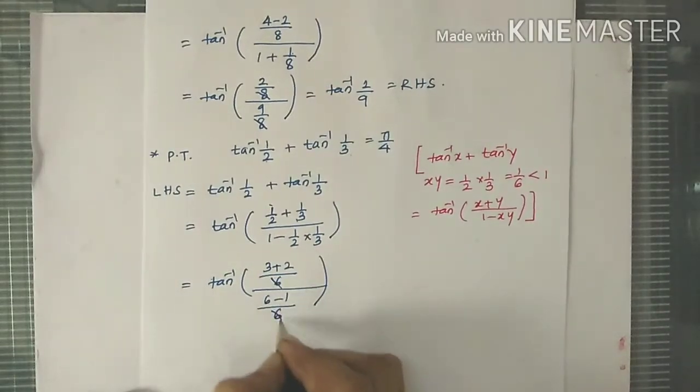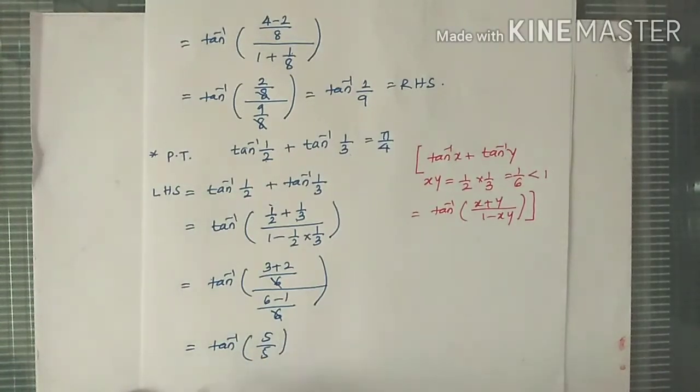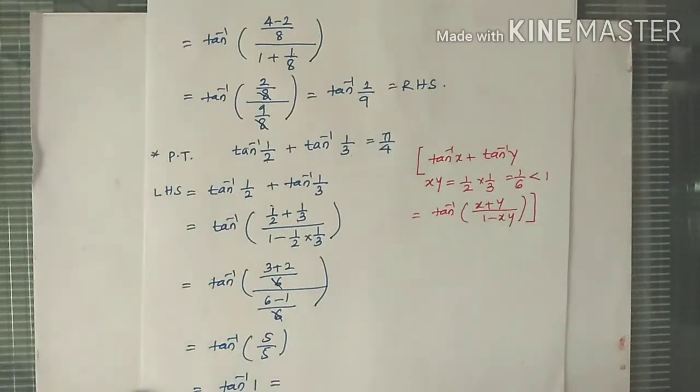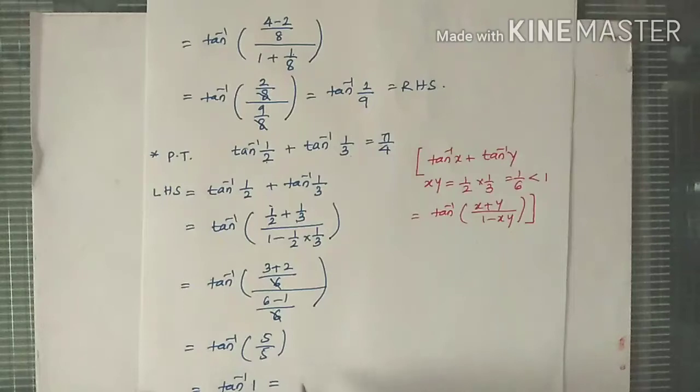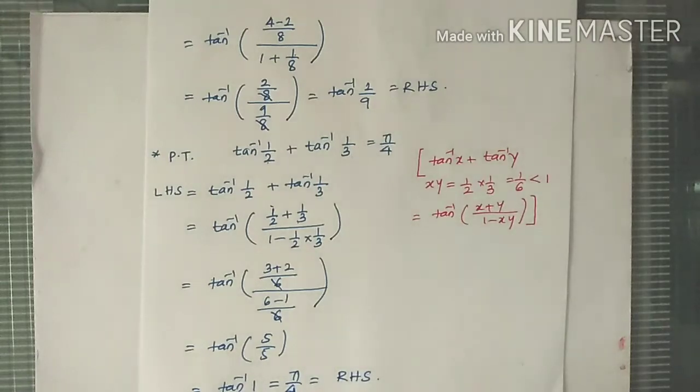Now this 6 and 6 get cancelled, so this becomes tan inverse of 5 by 5, which is tan inverse of 1, and tan is 1 for pi by 4. So tan inverse 1 is equal to pi by 4, which is the right hand side.